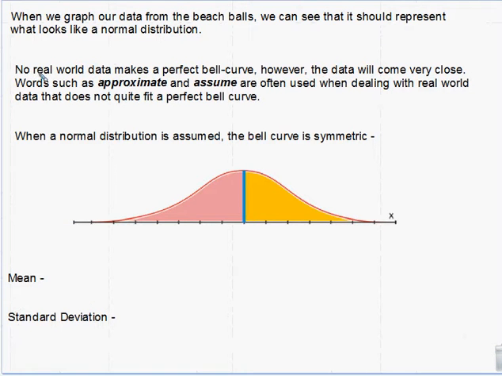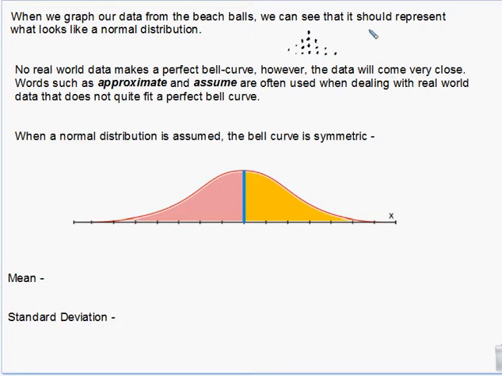Okay. In reality, no real-world data makes a perfect bell curve. A perfect bell curve, if we were doing the dots like I just did, would have, say, 4 dots, and then 3 dots, and then 2 dots, and then 1 dot, and we'd go down like that and it would make a perfect curve. In reality, we're not going to get that.